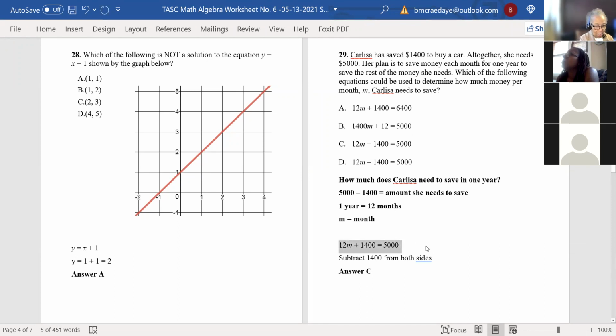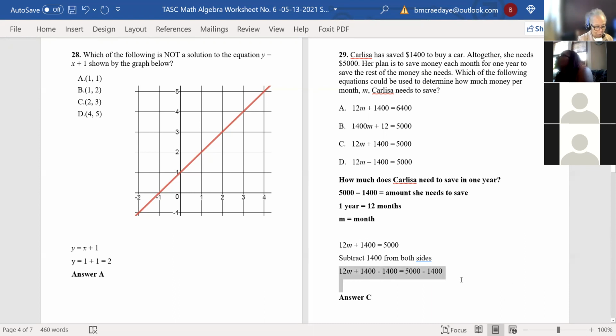And you'll see where it can't be the one where it was subtracted, because if it says subtraction, you'll do an add. So let's subtract the 1400 minus 1400 on the left and the same on the right. And that will give you 12m equal 5,000 minus 1400.